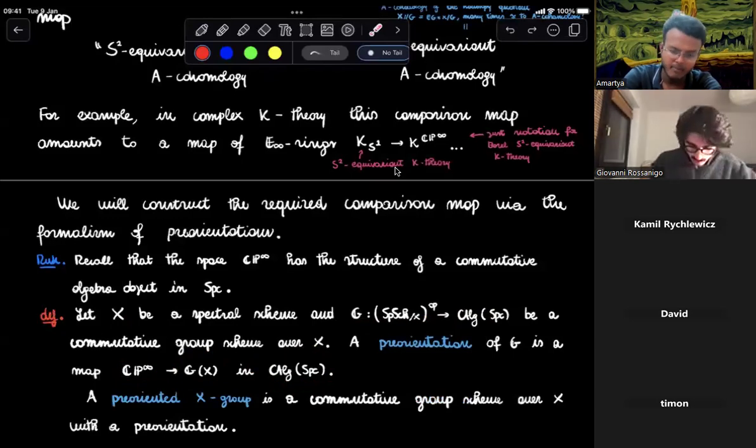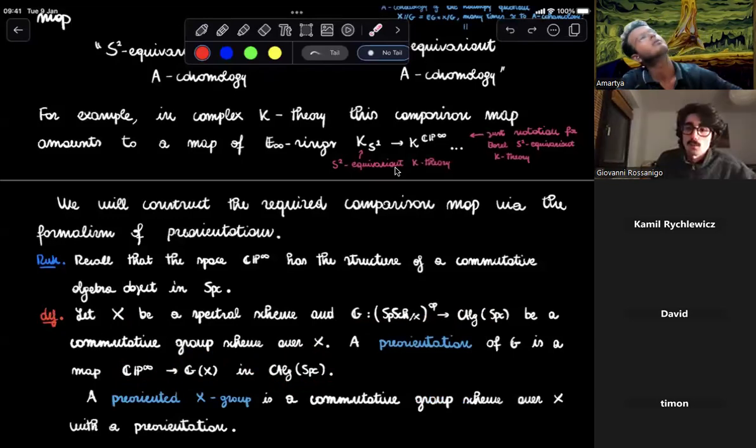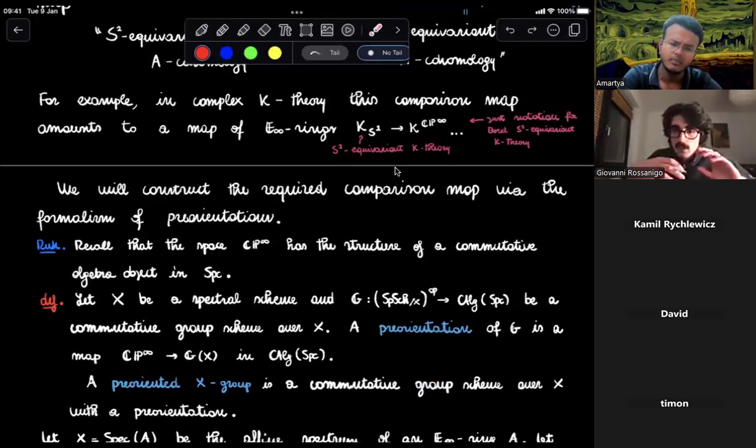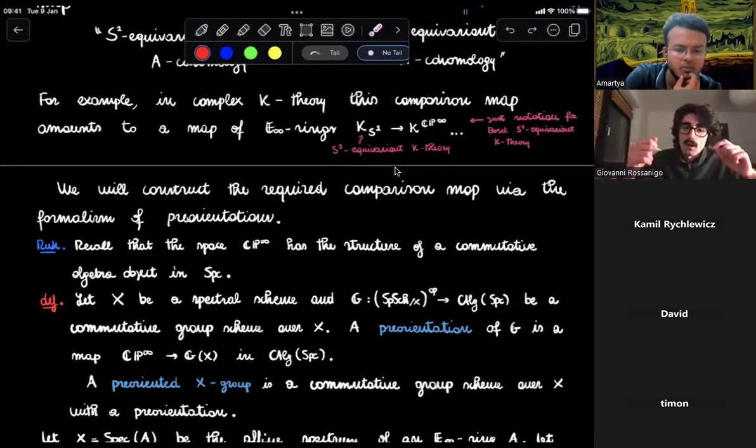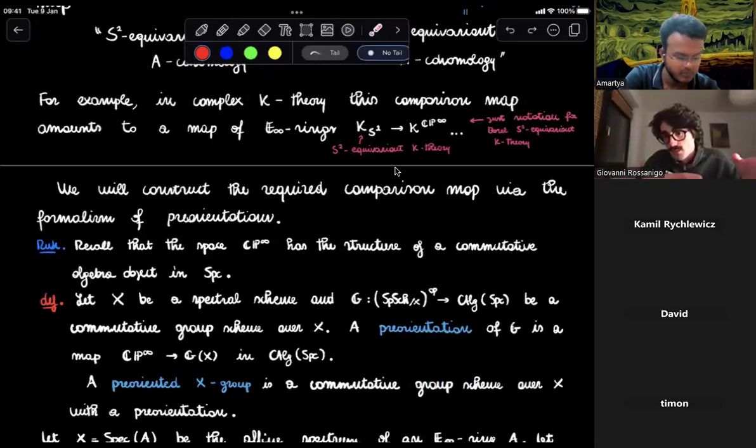And in this case, to pack up the notation, we will refer to a pre-oriented group scheme over X to be a commutative group scheme over X with the data of a pre-orientation.